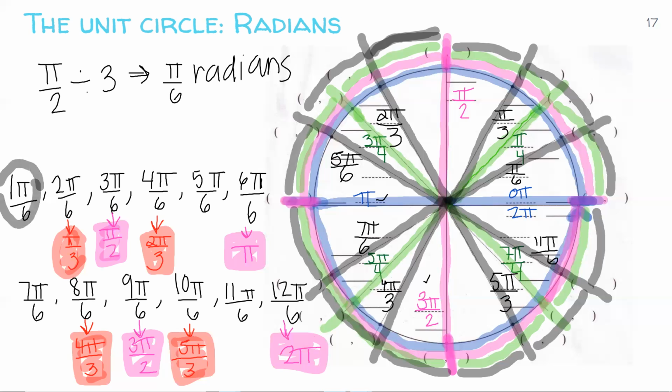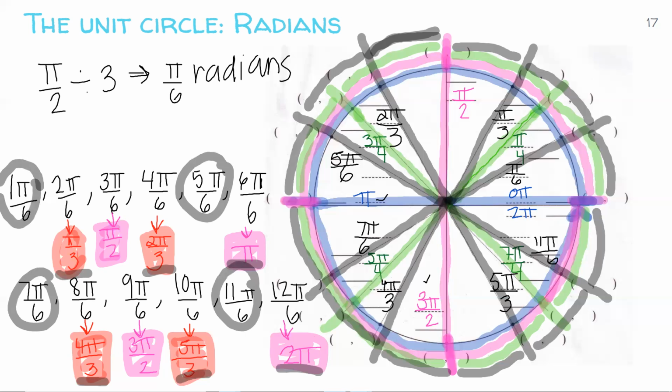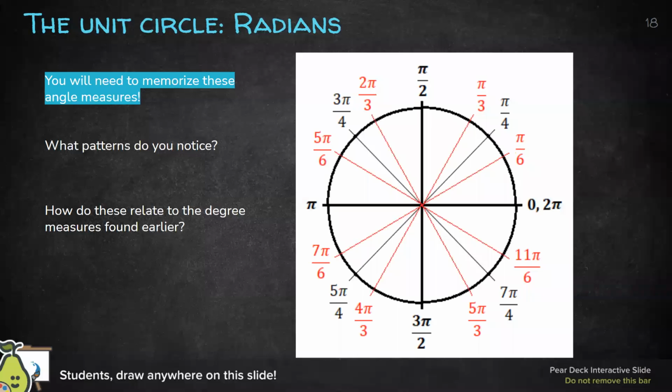So 1 pi over 6, pi over 3, pi over 2, 2 pi over 3, 5 pi over 6, pi, 7 pi over 6, 4 pi over 3, 3 pi over 2, 5 pi over 3, 11 pi over 6, and 2 pi. We have filled in the entire unit circle.